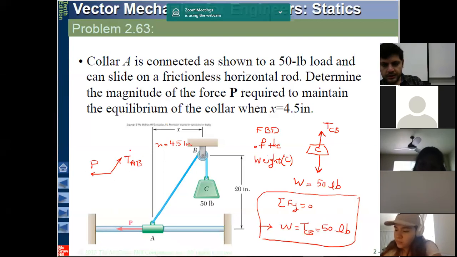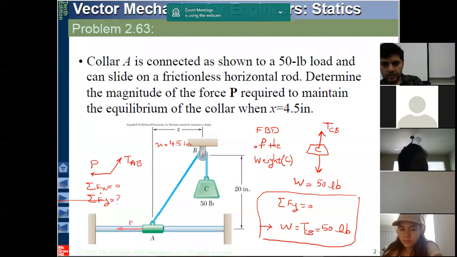But this is not statics, because sigma Fx could be equal to 0 with this system, but sigma Fy is not, because in the y direction you have TAB, and that is a non-zero value. So you have some resistance.